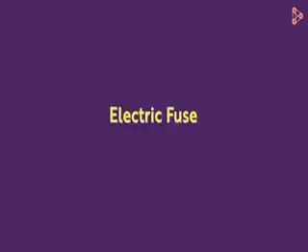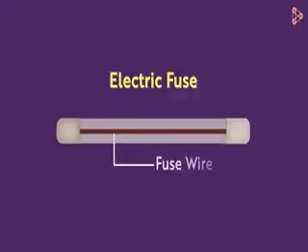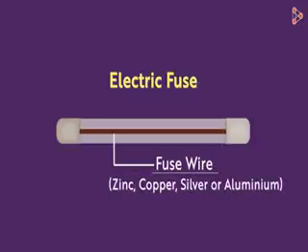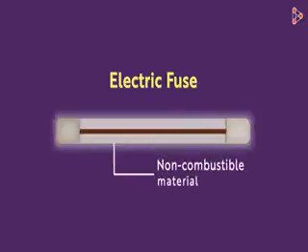So there is one solution to all these problems, that is the electric fuse. It is a way to protect the electric circuit in our home. An electric fuse contains a thin piece of wire made from a mixture of metals which will melt at very low temperature, like zinc, copper, aluminium.